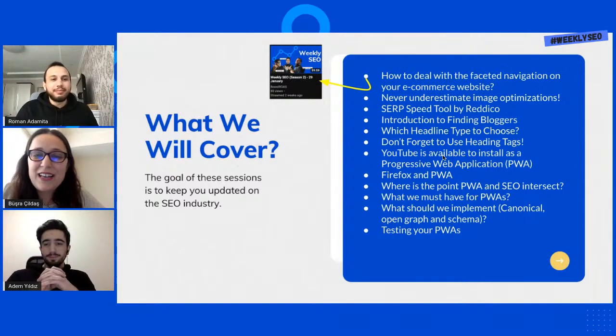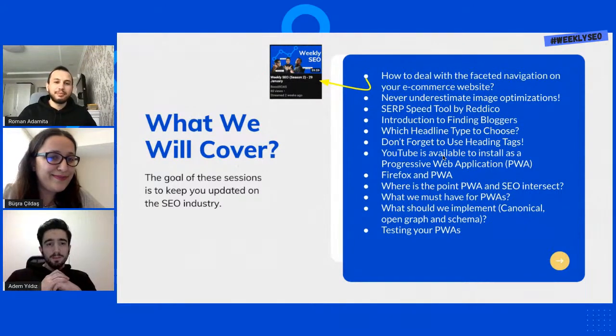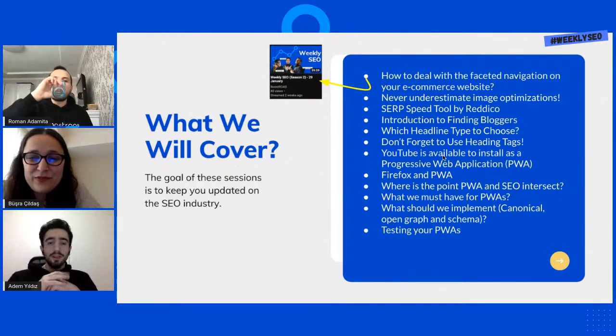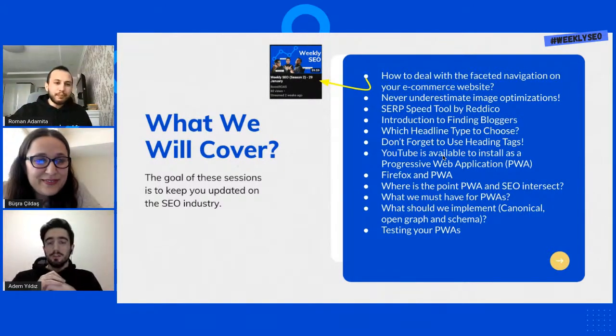And I will cover topics such as never underestimate image optimization, the SERP speed tool by Reddico, introduction to finding bloggers, which headline type to choose, and don't forget to use heading text. I will also talk about YouTube being available to install as a progressive web app, and Firefox and progressive web apps.